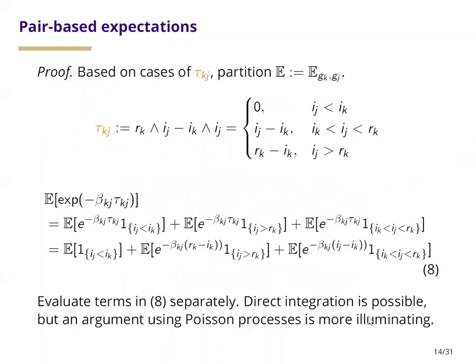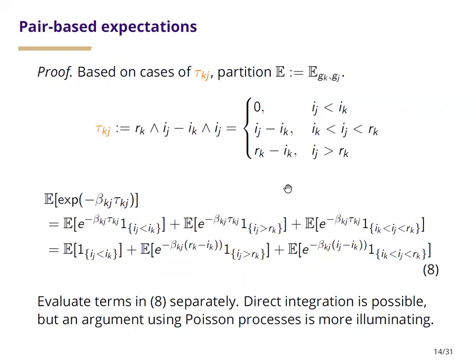So I want to go over a little bit of the proof strategy here. As a sketch, let's focus on these terms tau kj, which is the time that k tries to infect j. And we can actually partition tau. If we think carefully about these tau quantities, it really only has 3 cases.